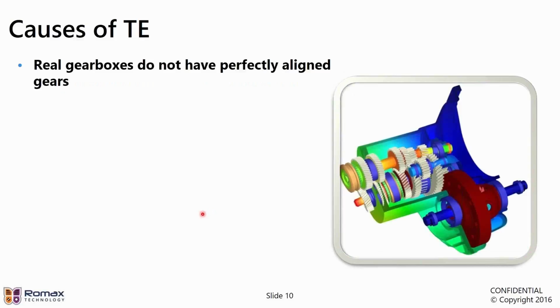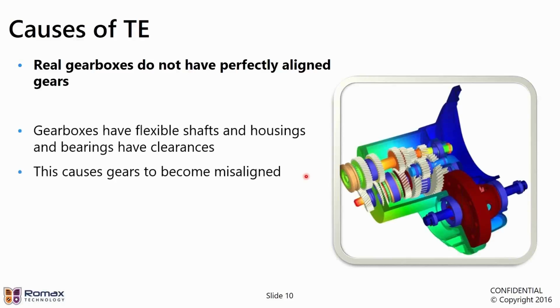And also, real gearboxes don't have perfectly aligned gears. The picture here shows an exaggerated deflection of a transmission that's deflected under load, and you can see the components are moving, and therefore we get a degree of misalignment. We have flexible shafts in a transmission or in a powertrain.